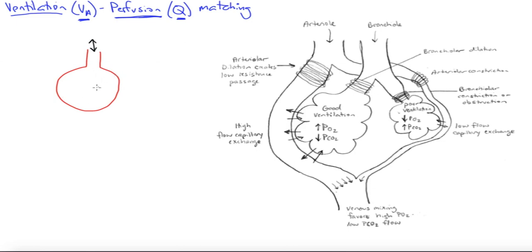The point here is that we end up with a PO2 at the alveolus of about 100. We've talked about that before. The beauty of that value is that our hemoglobin ends up being 100% saturated at that PO2.